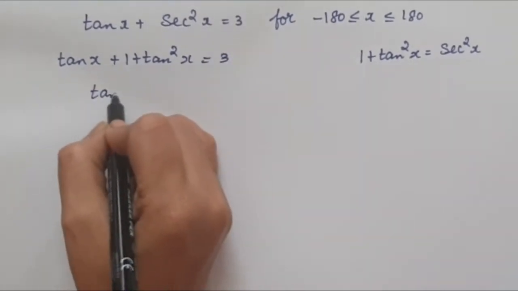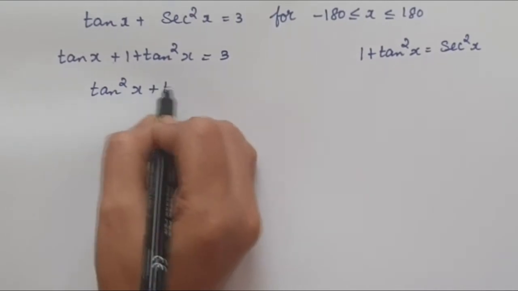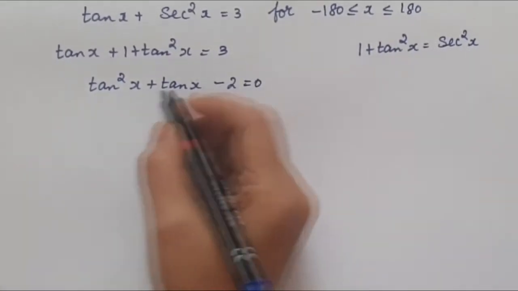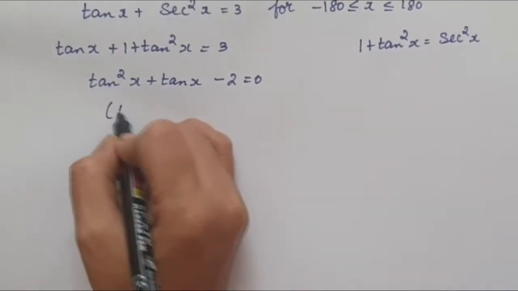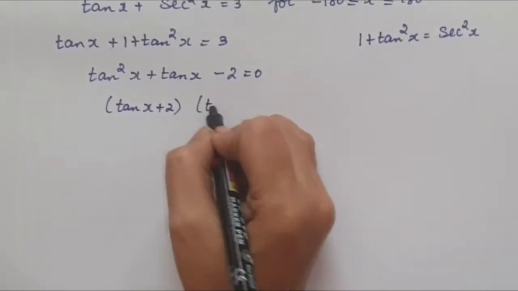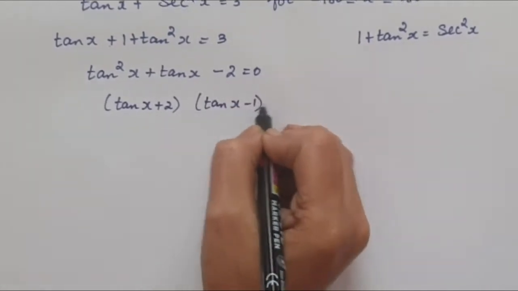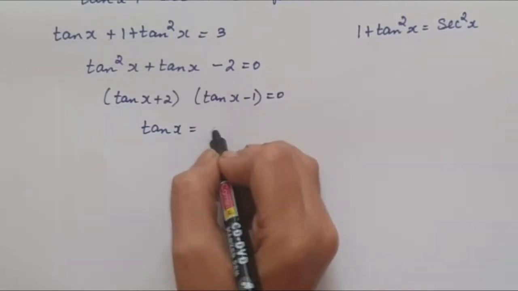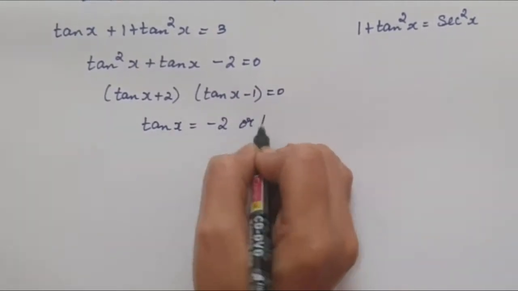So it will be tan squared x plus tan x minus 2 equal to 0. When we simplify it, we get tan x plus 2 and tan x minus 1 equal to 0. So tan x will be equal to negative 2 or 1.